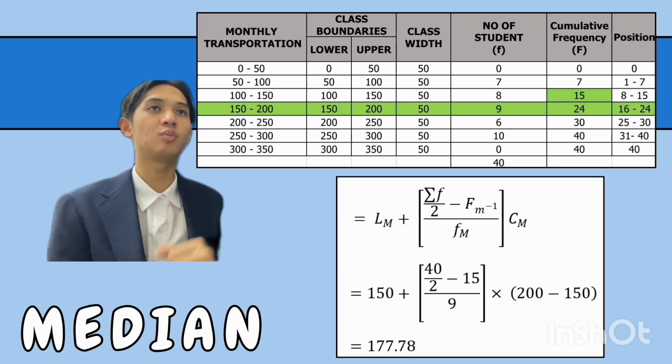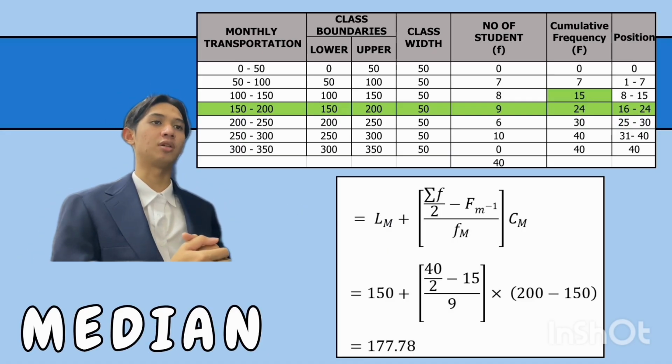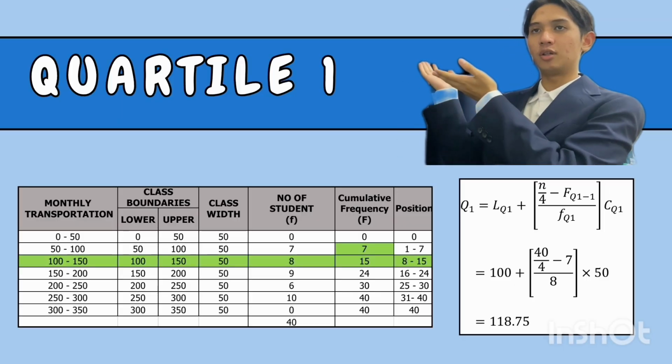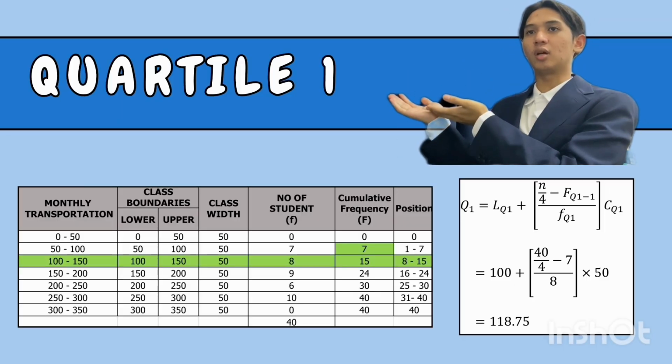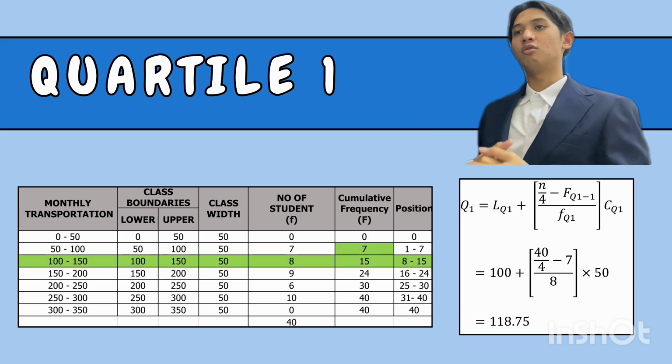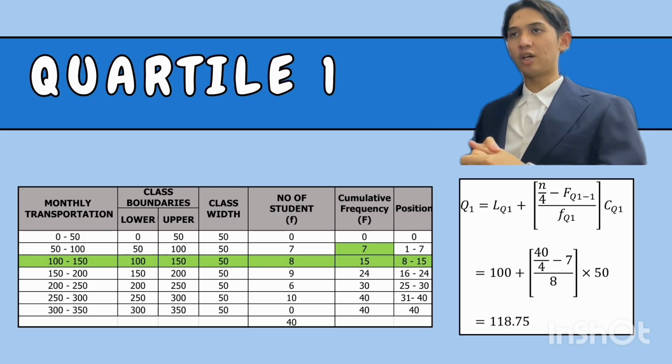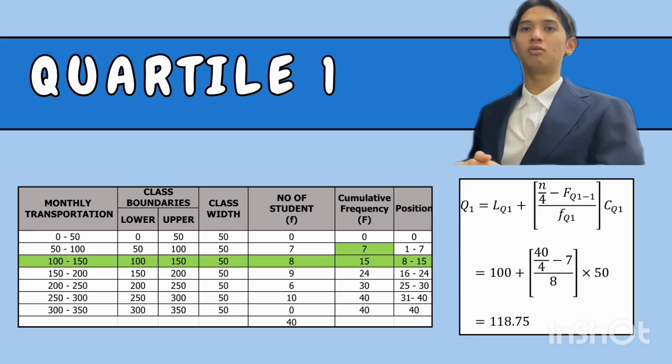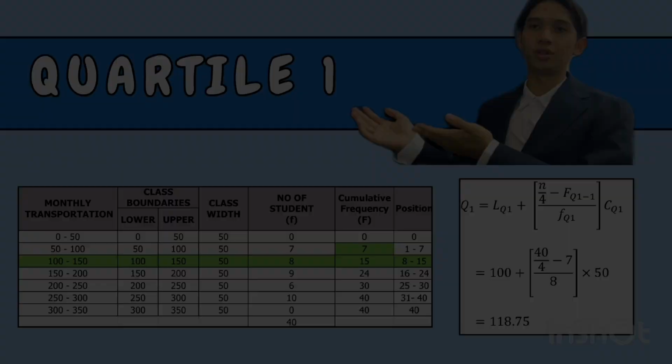Moving on to quartile 1. I'll show you on the table: 100 plus open bracket 40 divided by 4 minus 7 divided by 8 close bracket times 50. The answer is 118.75 for quartile 1. So that's all. I'll continue to Bushra to explain quartile 3.